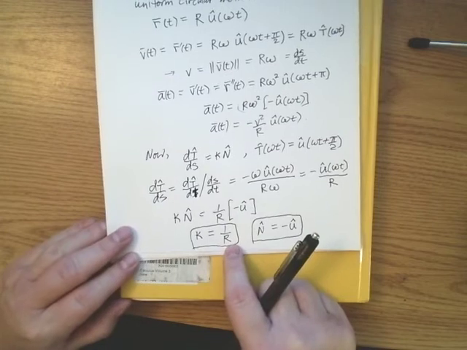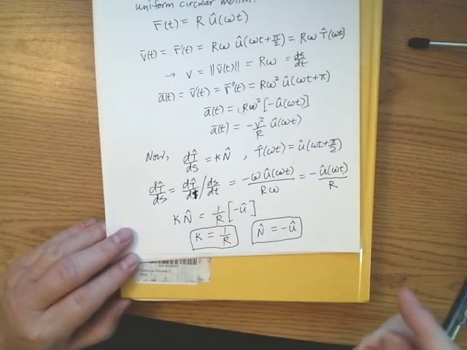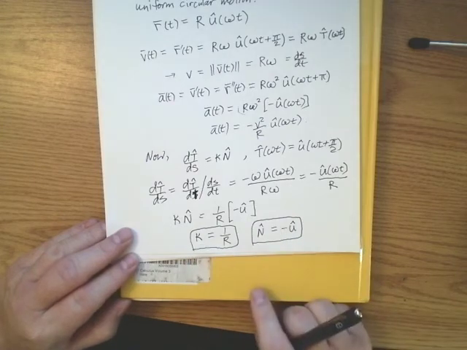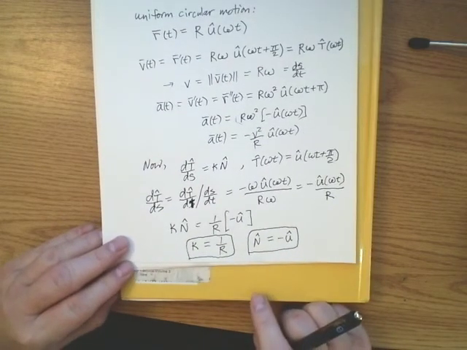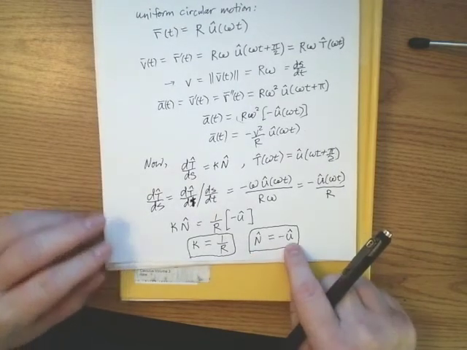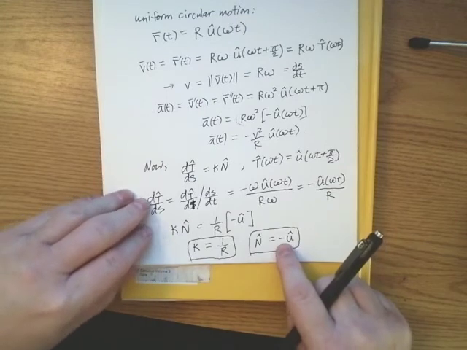There's no parameter here. That's just a constant, so a circle has constant curvature. That probably doesn't sound like too much of a surprise to you. The principal unit normal is pointing in the opposite direction of the position vector.